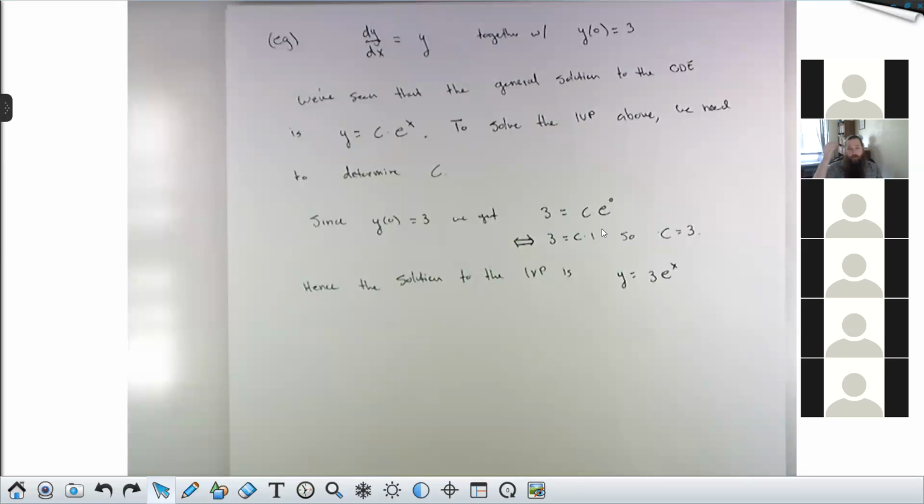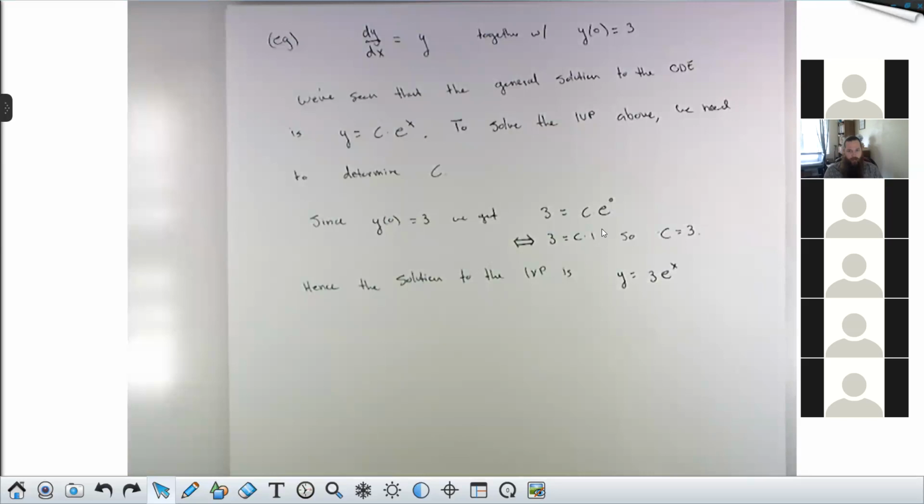I would go as far as saying you've all done this before. I think everybody has done this in Calc 1. Whether you called it an initial value problem then or not, I'm not sure. It depends on your teacher. But I think everybody has solved problems like this before.